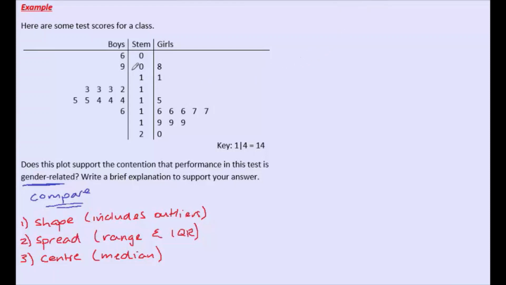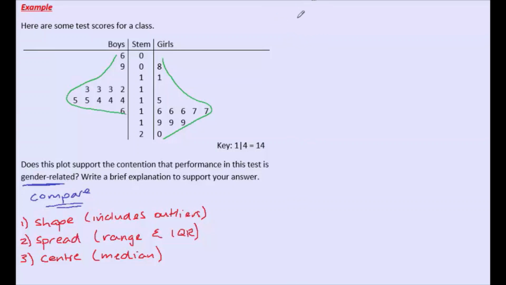Now, both of these plots show that we've got a shape that looks like that, and this one, the girls, goes like that. So both look like they're relatively negatively skewed. Because there is a slight negative skew in both of them, this does not support the contention that it's gender related.